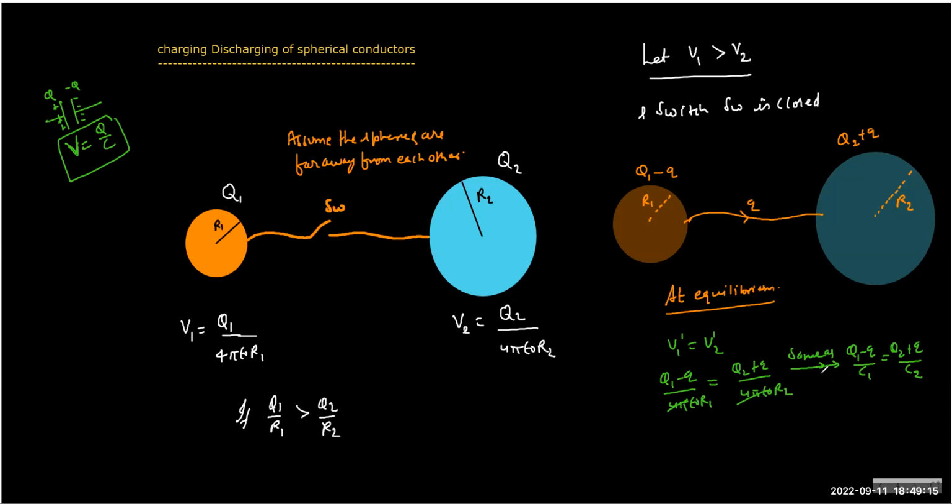So now by solving this, you can easily get the charge which has flown. Technically they'll ask you the charge flow. So R2 Q1 minus Q R2 is R1 Q2 plus Q R1, and therefore R2 Q1 minus R1 Q2 is Q into R1 plus R2.